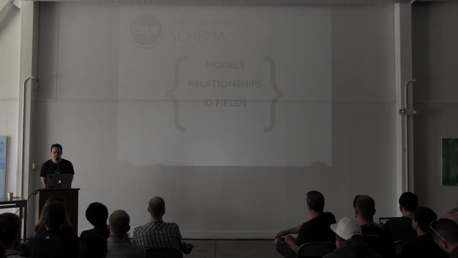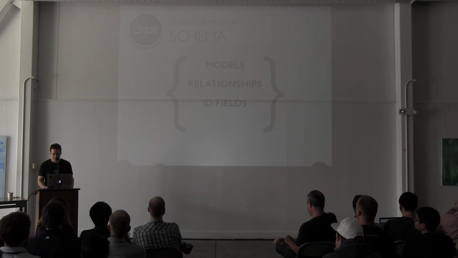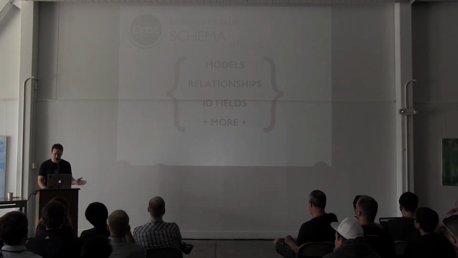Other times you'll want separate client-side IDs, which are just unique to the client, not necessarily unique globally. It depends on the system you're building. So you can define an ID field and a remote ID field. And there are other aspects of the schema.